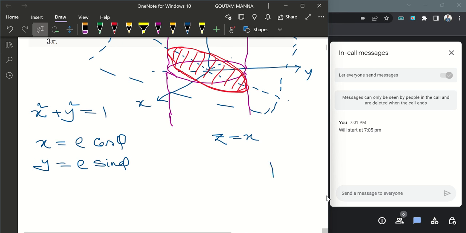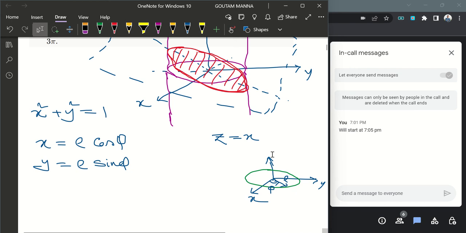So basically let's say it is the xy plane, and if this is a circle of radius rho, let's say, this is the radius rho and this is the phi.